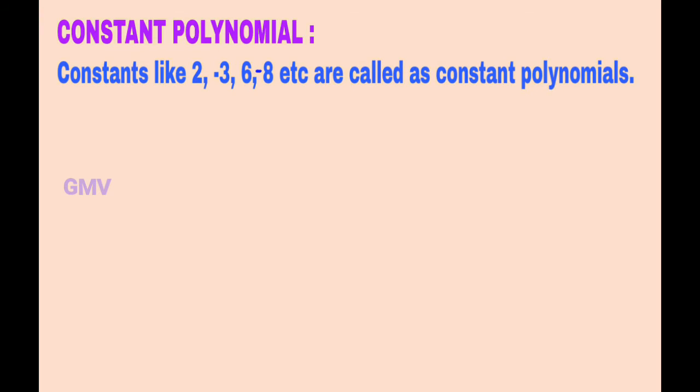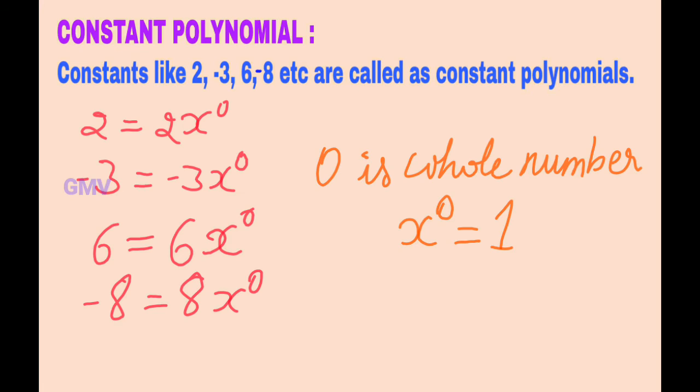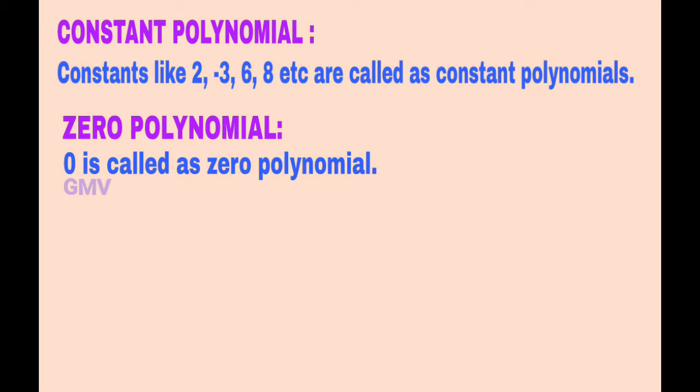The constants like 2, minus 3, 6, minus 8 are called constant polynomials. Here the power of the variable is 0, which is also a whole number. 0 is called the zero polynomial.